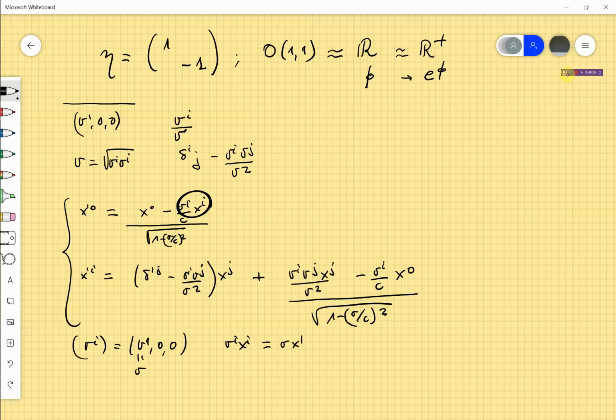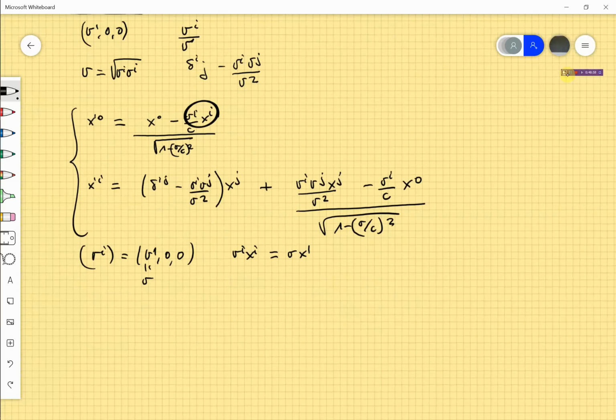Also here you have to consider different cases. If you take x1 prime, so sometimes I write x prime 1 and sometimes x1 prime, let me write x1 prime. So what happens for x1 prime? This is delta 1j, which multiplied by xj only gives you x1, minus this is only v1, so you have a v here, and vj times xj gives you v times x1.